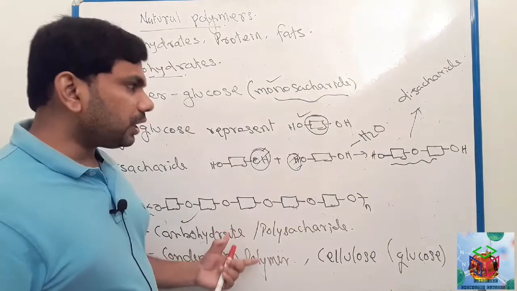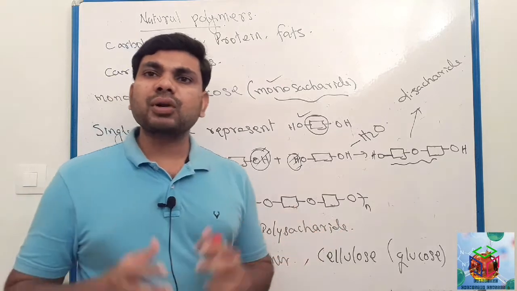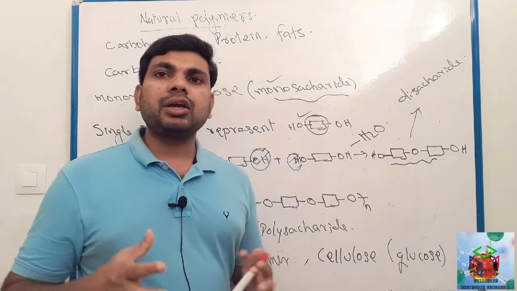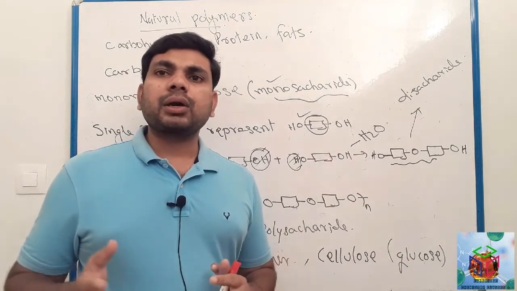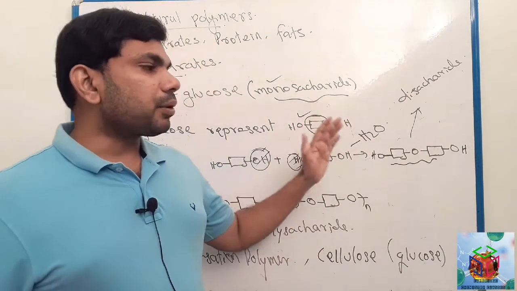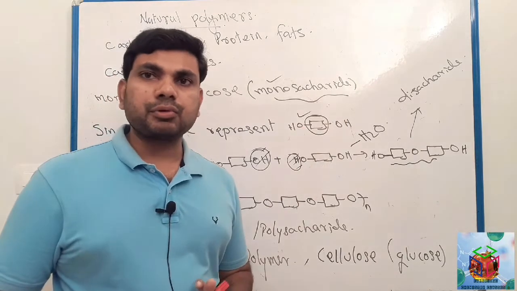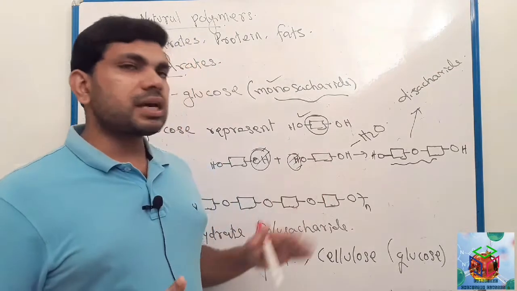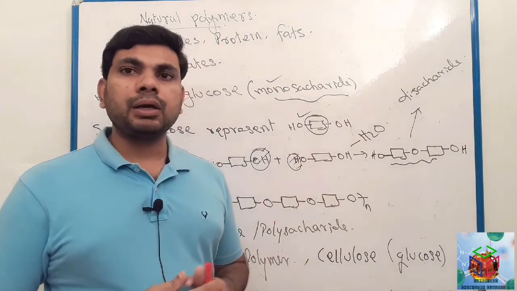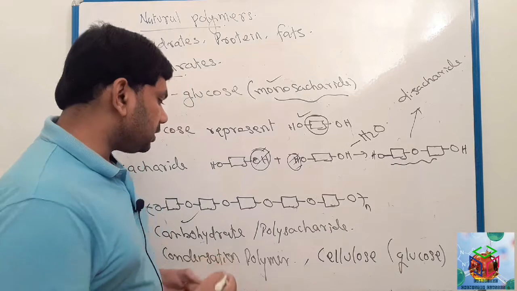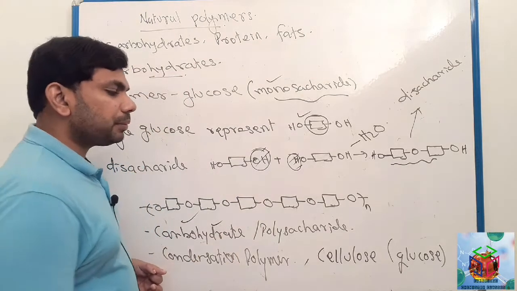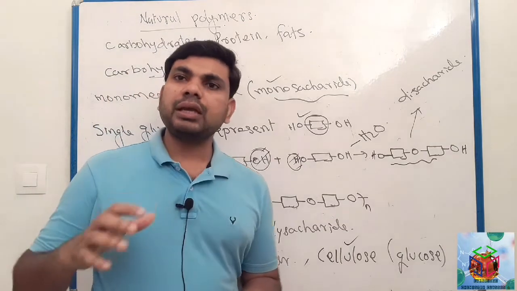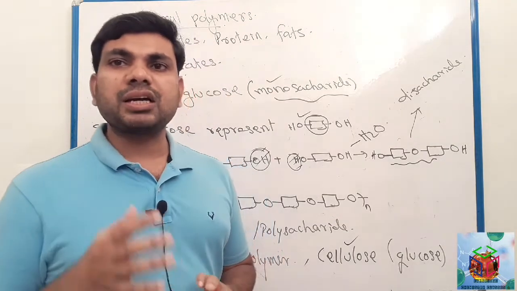This is an example of a condensation polymer. We know condensation polymer means different types of monomers, and a side product is formed. Water is eliminated, so water is the side product. So carbohydrate is an example of a condensation polymer. Cellulose, also found in plants, is a natural condensation polymer.